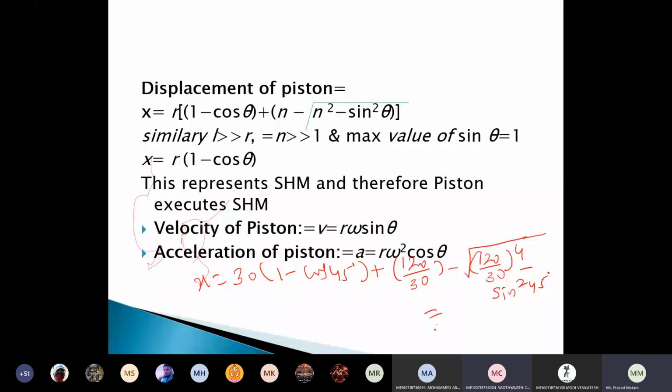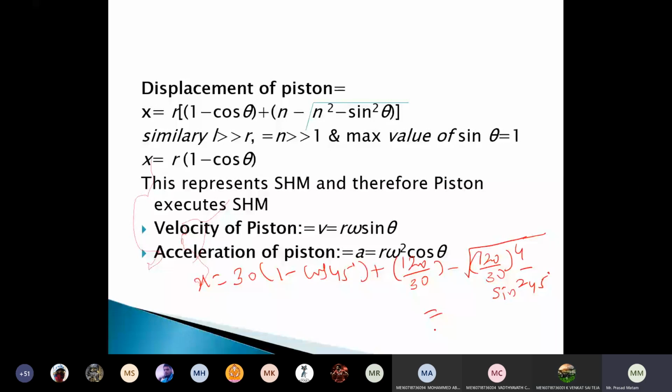Give me the answer for this one. Please, anyone solve and give me the answer. x is equal to. Anyone solved? What is the answer you got? Please answer. 10.67. Solve once again.